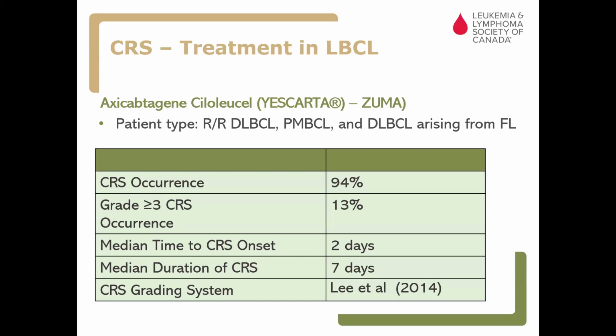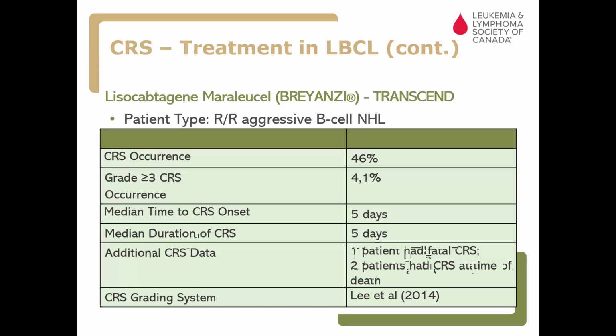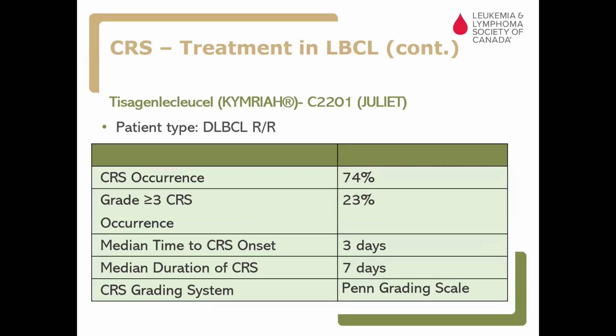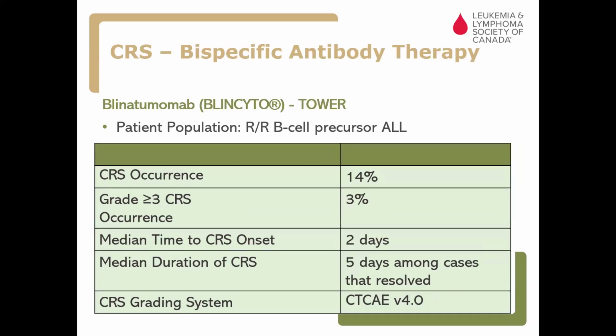So the first one is Yescarta for the treatment of relapsed refractory diffuse large B-cell lymphoma. The second one is Breyanzi. Next is Kymriah. And now blinatumomab, which is used in your relapsed B-cell ALL.